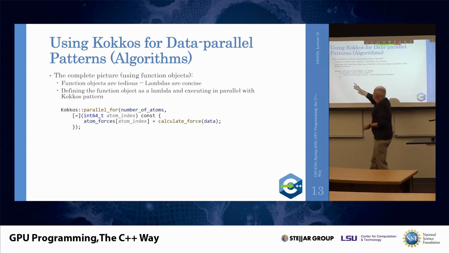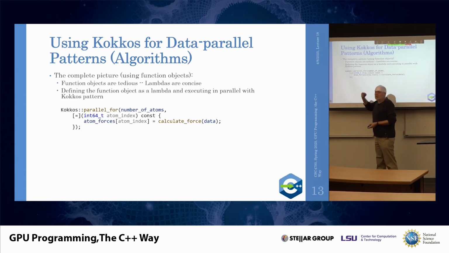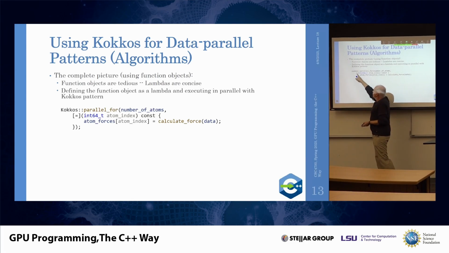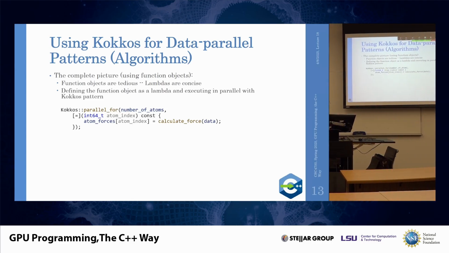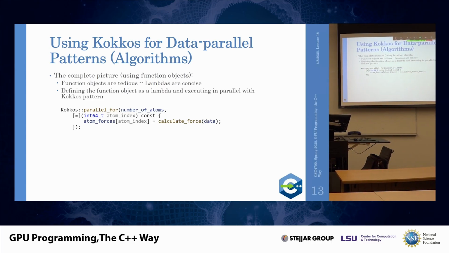That's why capturing by value is very important, because it will capture all the values in the Lambda, and we will see how that automatically will help us transfer things to the GPU, so that the body can actually work on the copy of the data that was copied over into the GPU address space.